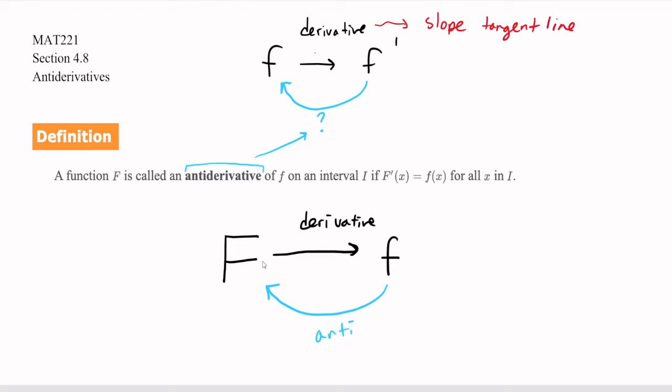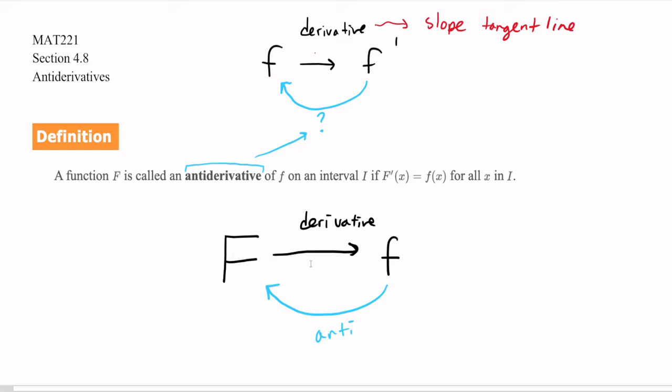So you could just have this little diagram in your head for how big F and little f are connected. Okay, so that's it. The definition of the antiderivative is, well, can I do the derivative and get down to little f? Yes? Okay, then I must be the antiderivative. Or, I have to correct myself, I must be an antiderivative.